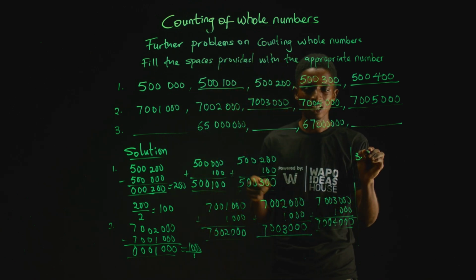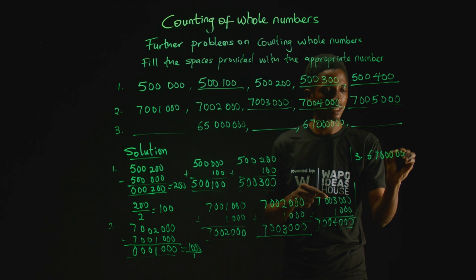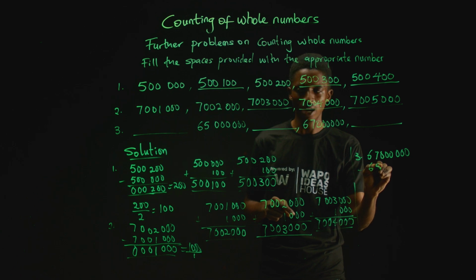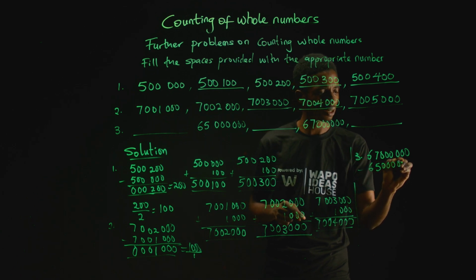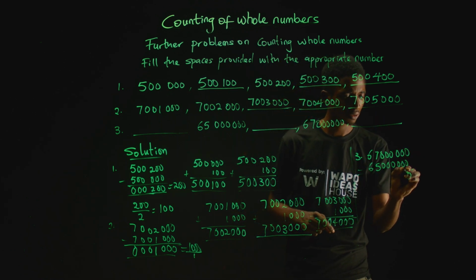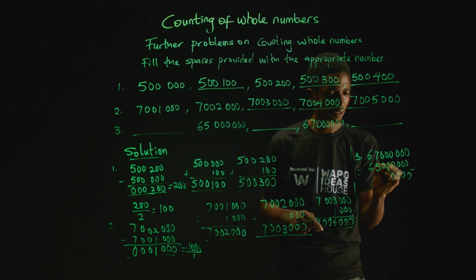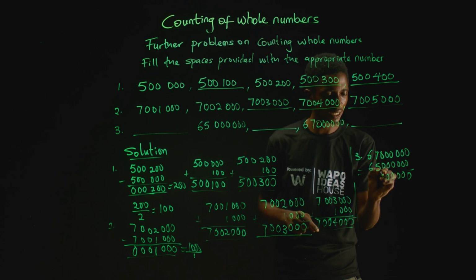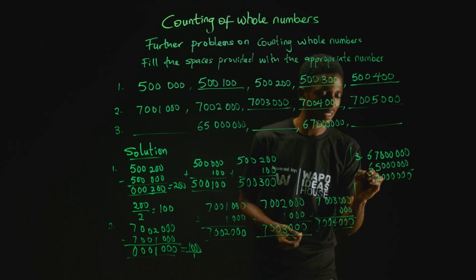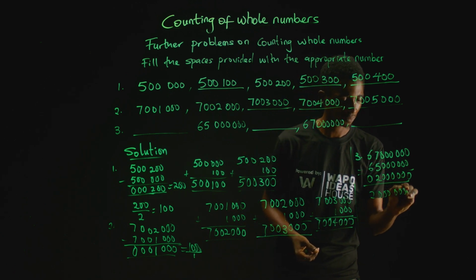So we get 67,000,000 minus 65,000,000. When we subtract this, the zeros give 0, then 7 minus 5 is 2, 6 minus 6 is 0. That is, our difference is 2 million.